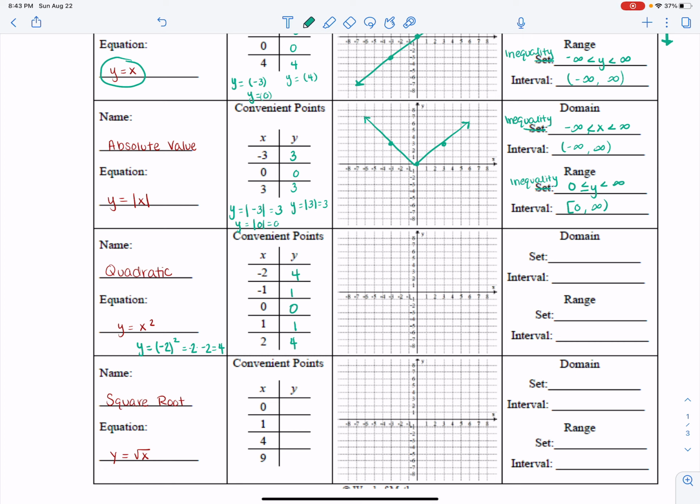So we've got -2, 4. -1, 1. 0, 0. 1, 1. 2, 4. And you know that quadratics make a parabola shape. Remember, instead of set, we're using inequality notation.